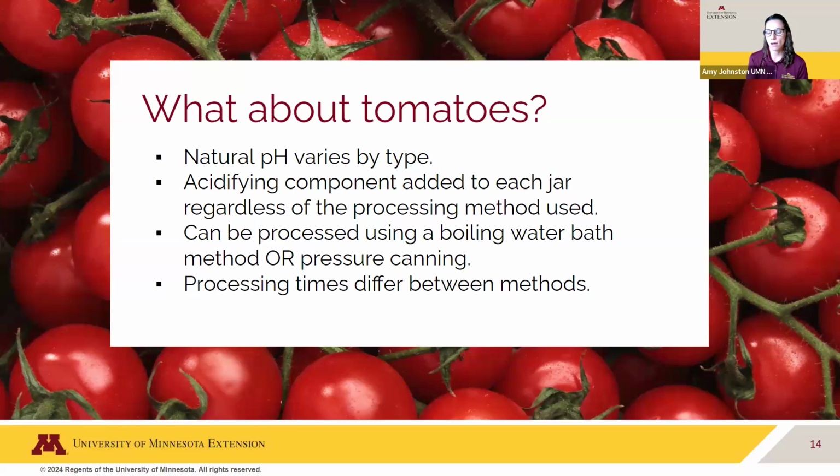So again, tomatoes, we're always going to acidify them, adding either 5% vinegar, lemon juice, or citric acid. And again, they can be processed in both boiling water or pressure canning. The processing times are going to differ based on those two different thermal processing methods.